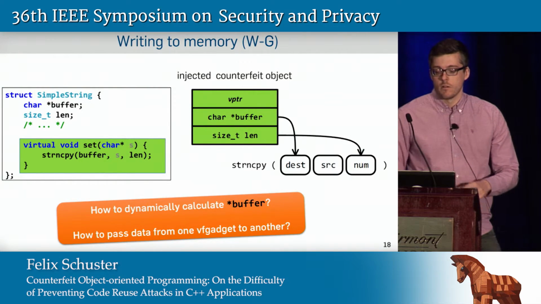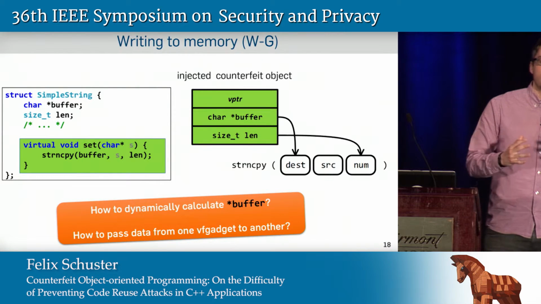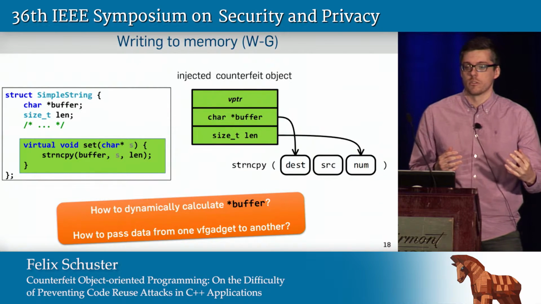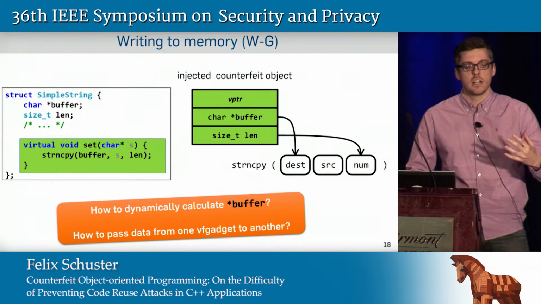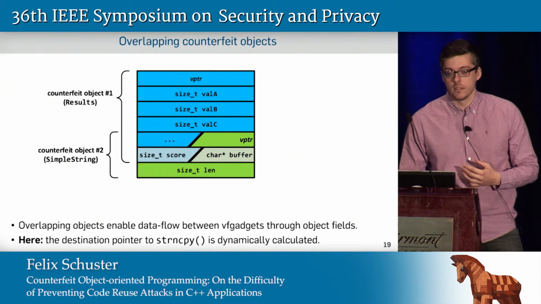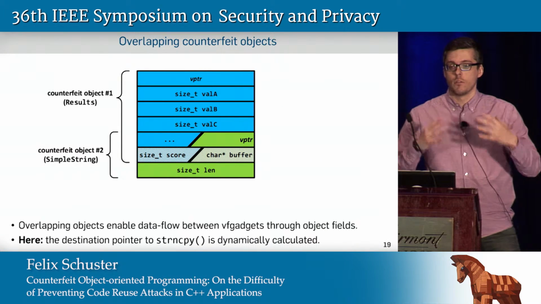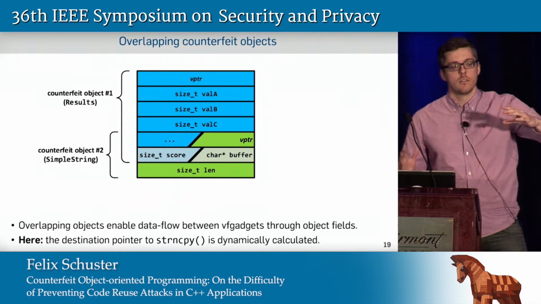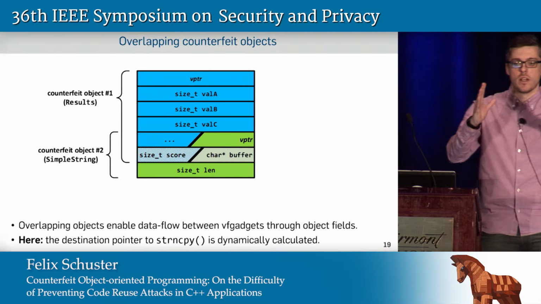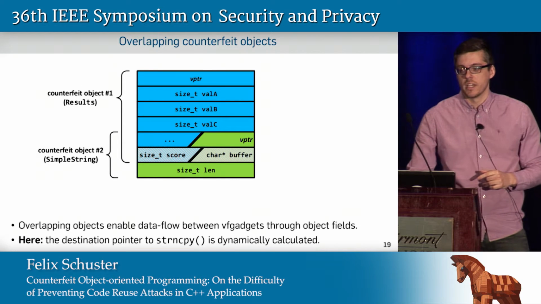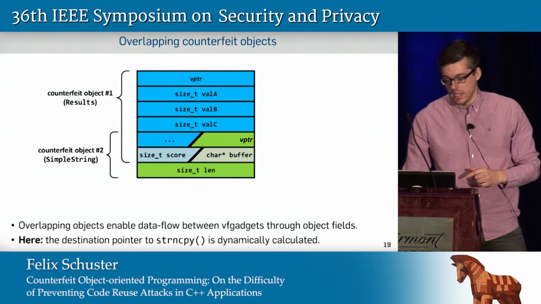But, of course, in a meaningful code reuse attack, you would probably want to dynamically calculate the destination address, right? So you need a data flow from one VF gadget that you execute to the next one. You want to dynamically calculate the address for buffer, and you want to do this using the first VF gadget I showed you, and you want then to write some data to that address that you calculated.